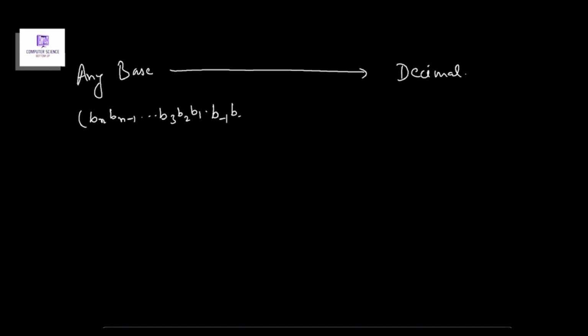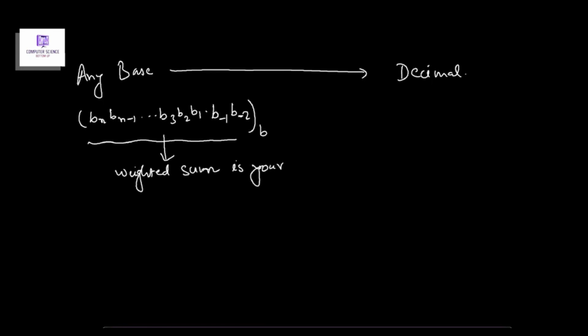It's just for denotation. It can go on, but let's take until 2 places only. If this is any arbitrary number in base b, what is the decimal equivalent of it? You just have to expand it. The weighted sum is your decimal equivalent.